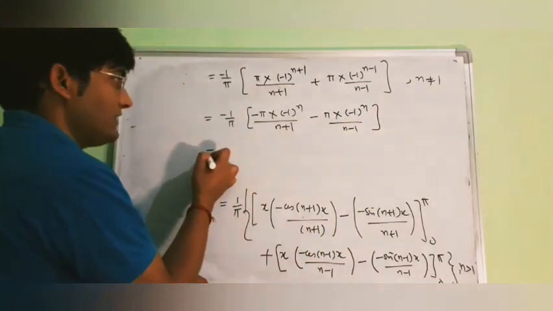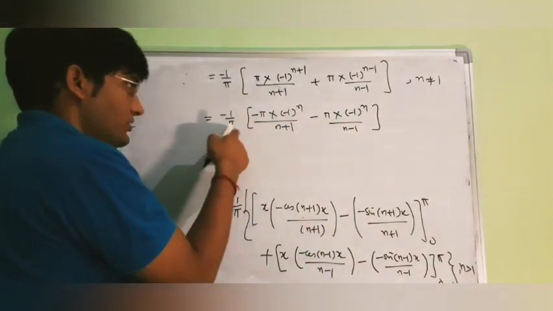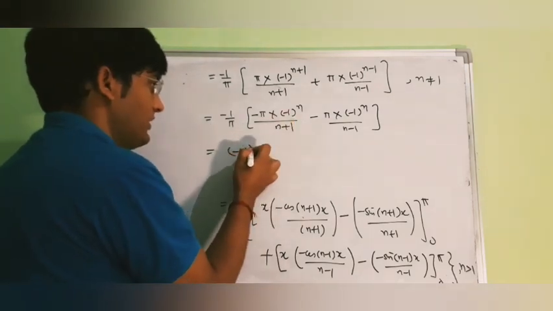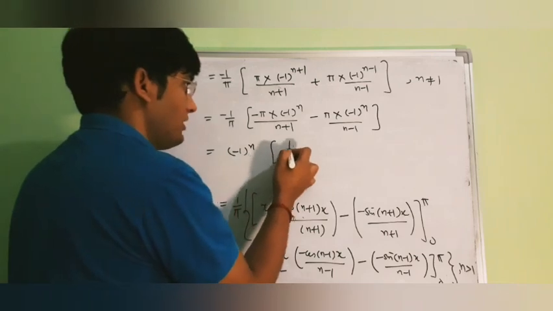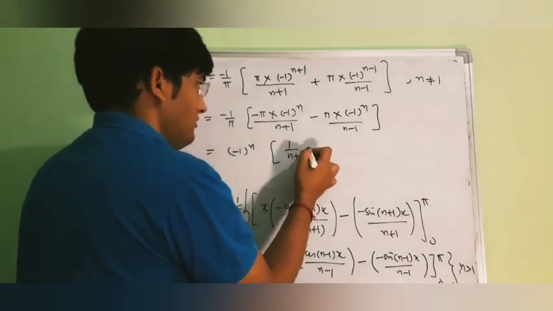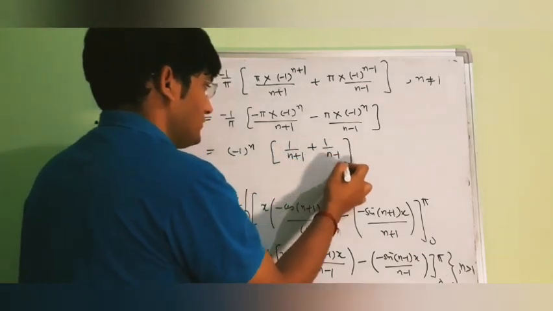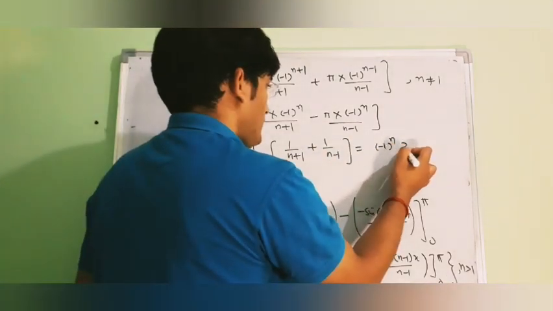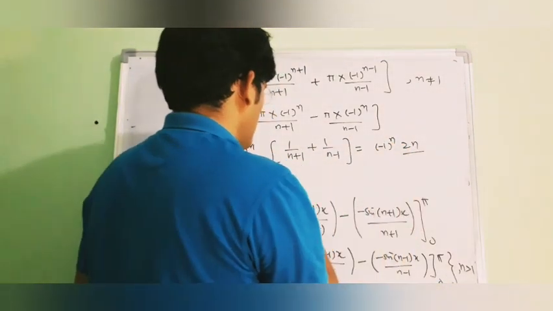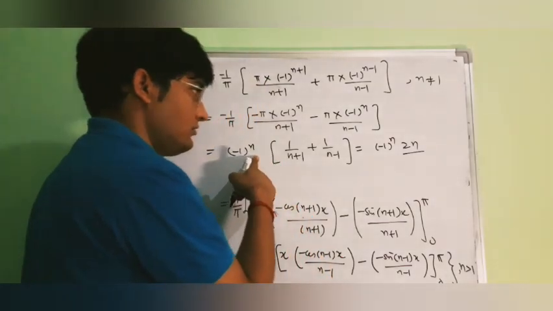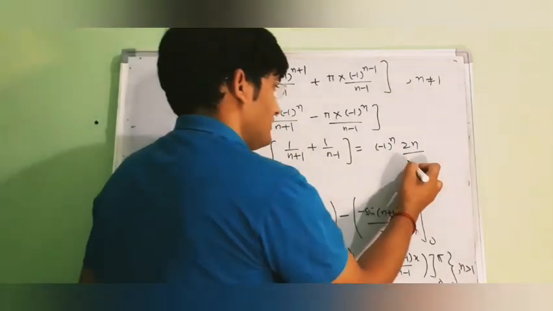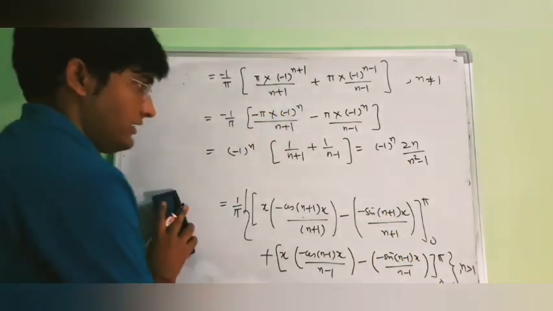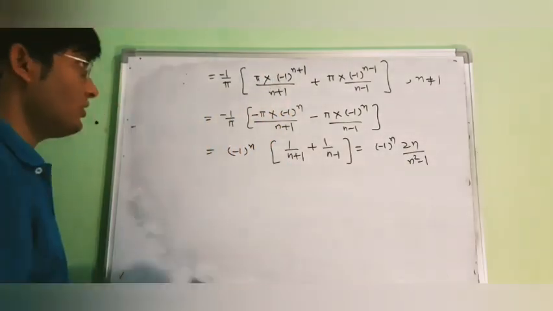Now we can take minus pi common, and again we can take minus 1 power n common, so in the bracket we will have 1 upon n plus 1 plus 1 upon n minus 1. So in the numerator we will have 2n, and this is equal to minus 1 to power n into 2n divided by n squared minus 1. So this is our bn, and it is correct.